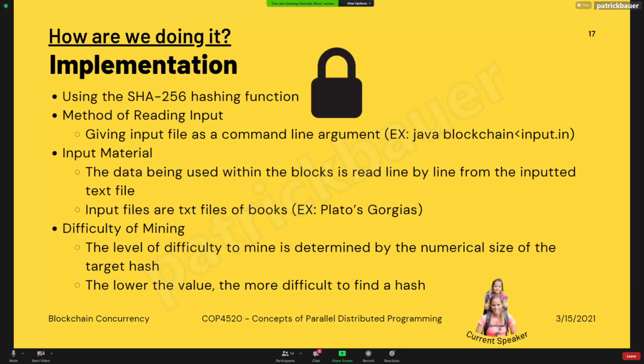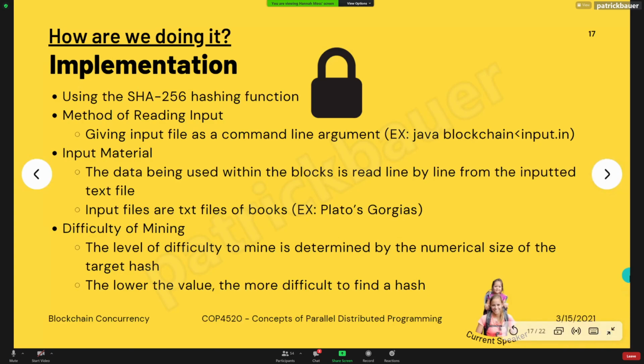So for our implementation, we are using the SHA-256 hashing function for hashing our blocks and for completing the mining puzzle. Each implementation of the blockchain reads an input file, takes in each line of code from that input file, and creates a separate block for every line of code. Again, this is an educational blockchain.